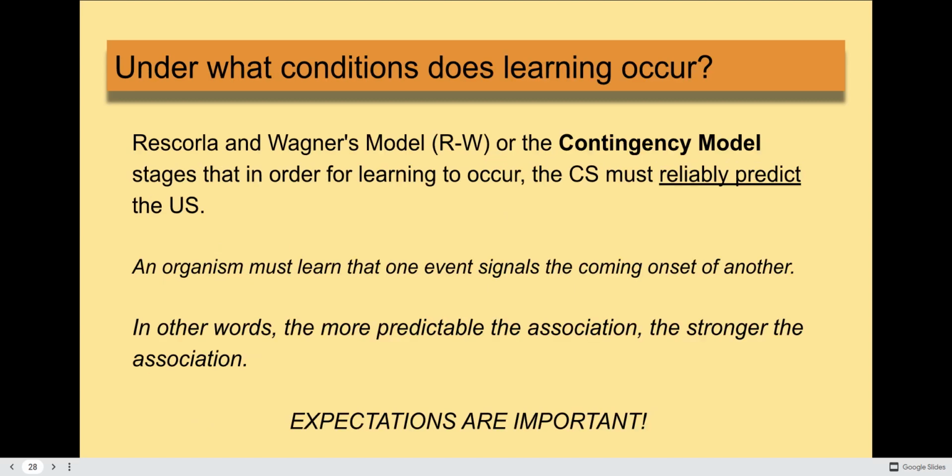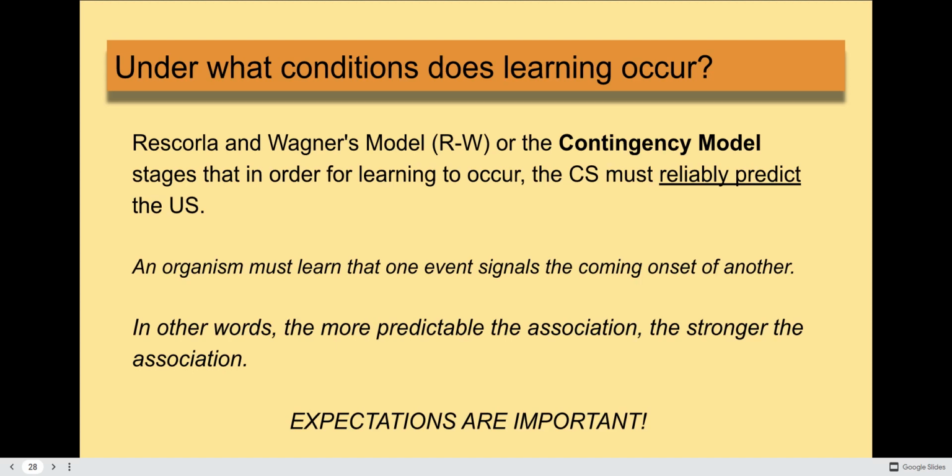So let's take a look under the conditions under which learning does occur when we talk about classical conditioning. A very famous model called the Rescorla and Wagner model, RW, or contingency model, states a very basic but simple concept that says in order for learning to occur, the conditioned stimulus, let's say the bell in Pavlov's study, must reliably, meaning consistently, predict the unconditioned stimulus, food.